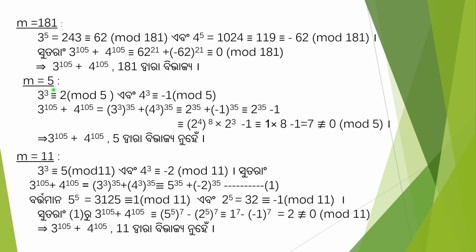Now take m equal to 5. 3 to the power 3 is congruent to 2 mod 5 and 4 to the power 3 is congruent to minus 1 mod 5.